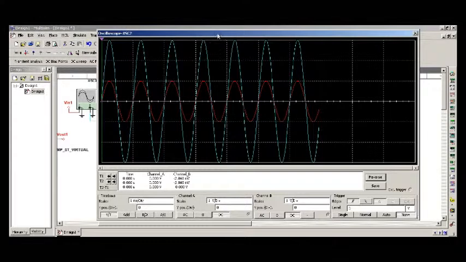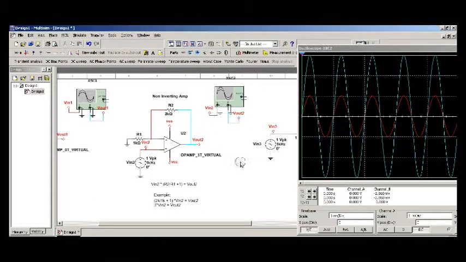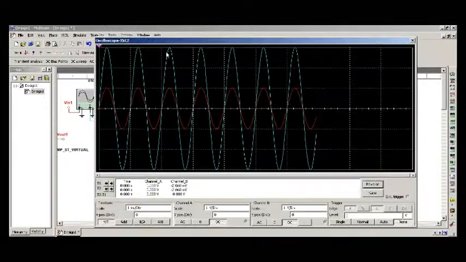So the values that we've chosen here for R2 and R1 are 2K and 1K. So our functional relationship is Vn times R2 over R1 plus 1 is going to be equal to V out. And so 2K over 1K is 2, and then 2 plus 1 is 3. So 3 times Vn equals V out, which is exactly what we see here.